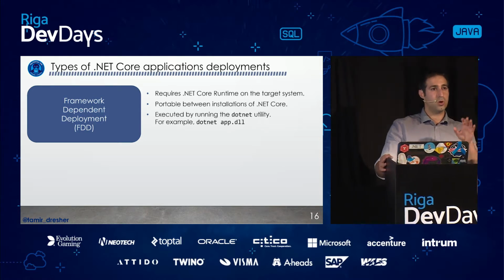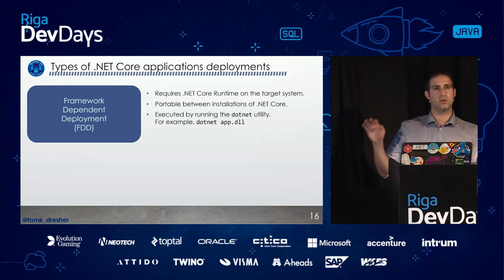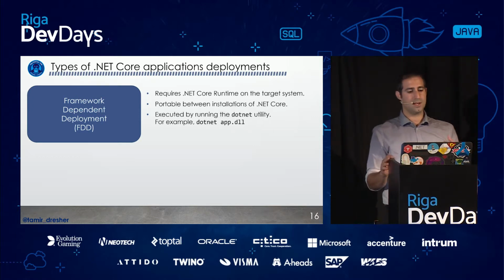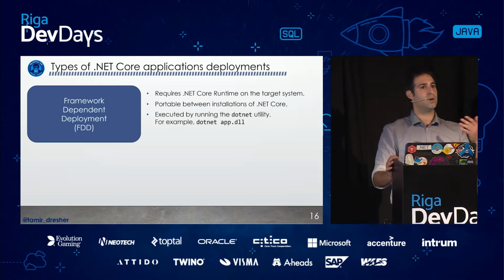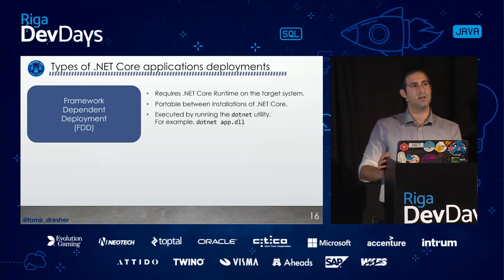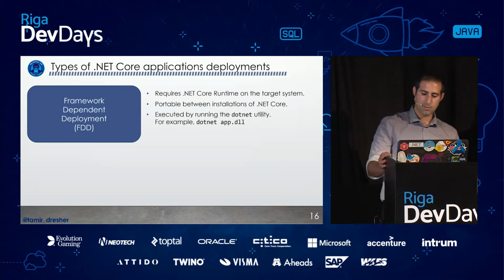This means that those places need to install the .NET Core Runtime. This is why this is a framework-dependent deployment, because if I take these files and try to execute them on a machine that doesn't have this specific runtime that I need, it will fail to execute.